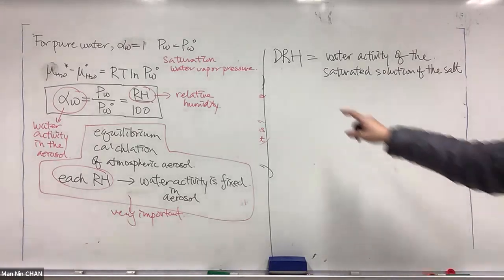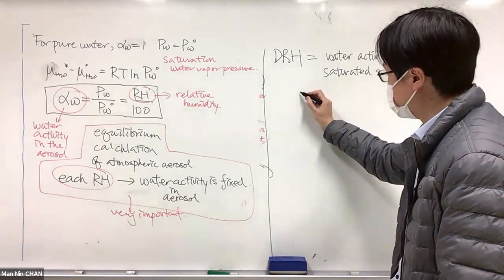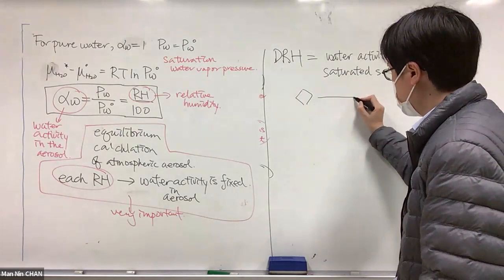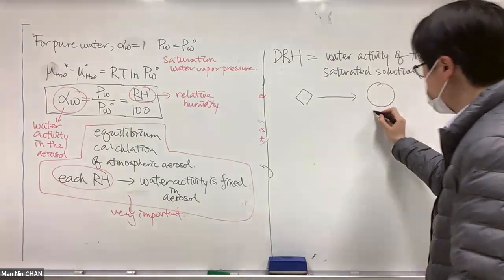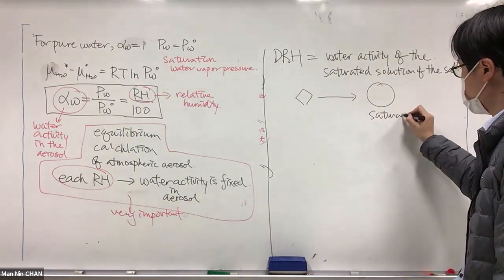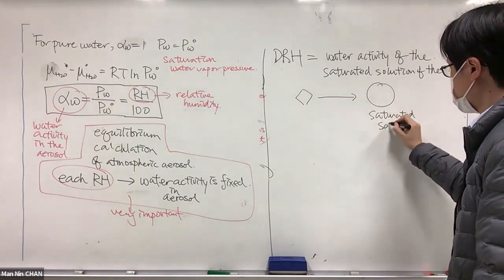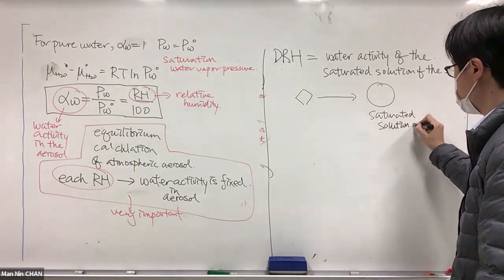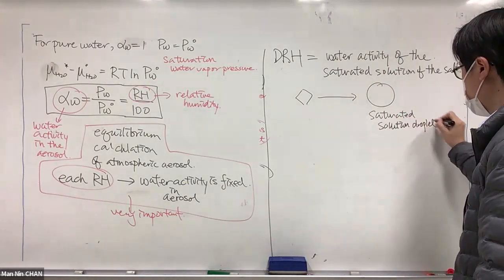Am I correct? If you remember, deliquescent means that you have a solid, and then you become a saturated solution, an aqueous droplet.